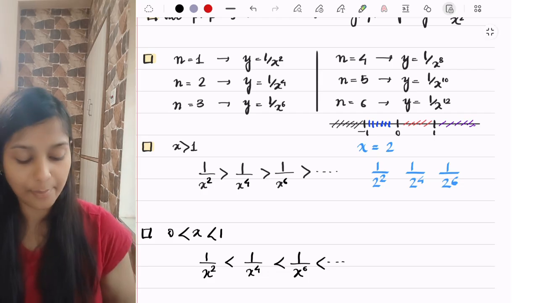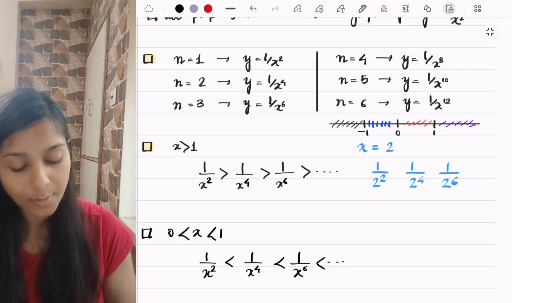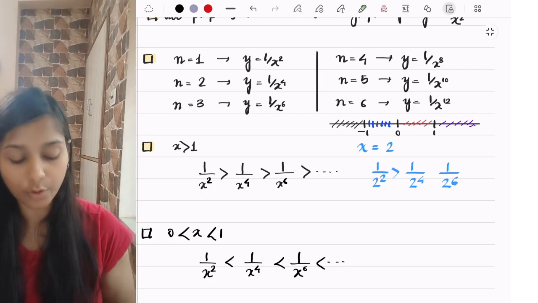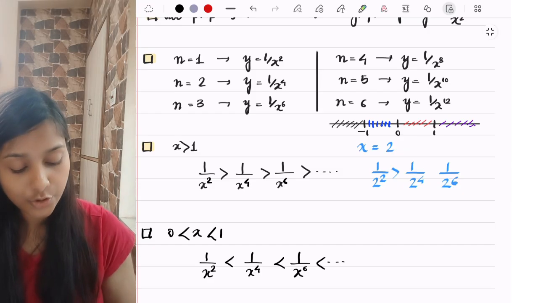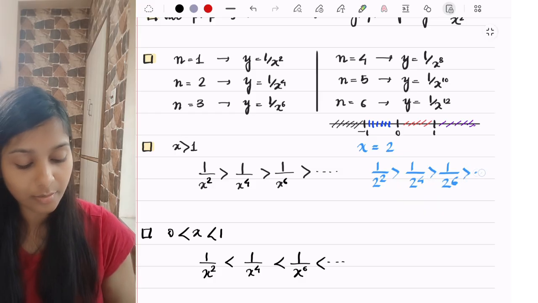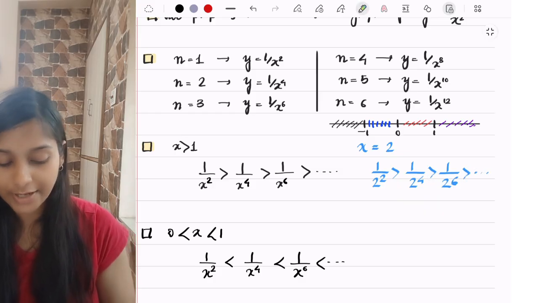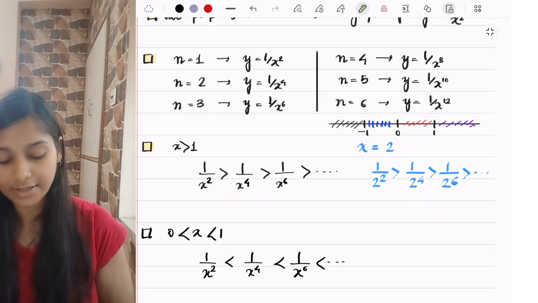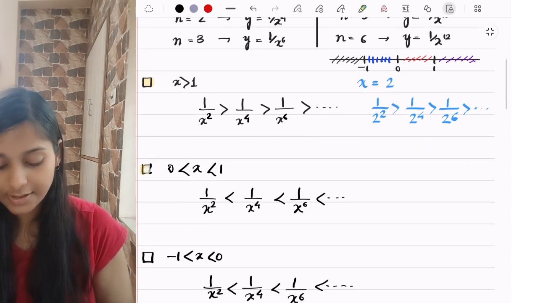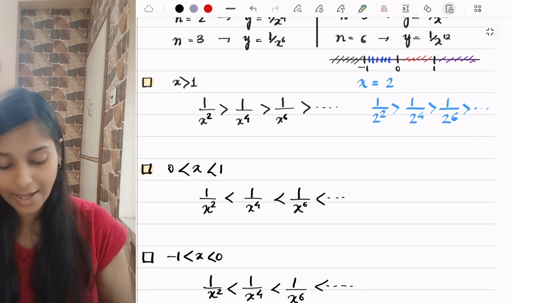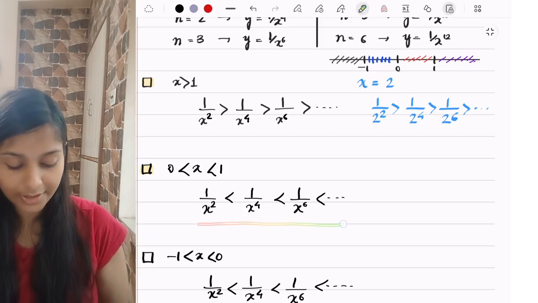Here 1 by 2 square, which is 1 by 4, is obviously greater than 1 by 2 power 4, which is 1 by 16. So this inequality must hold. This is correct.